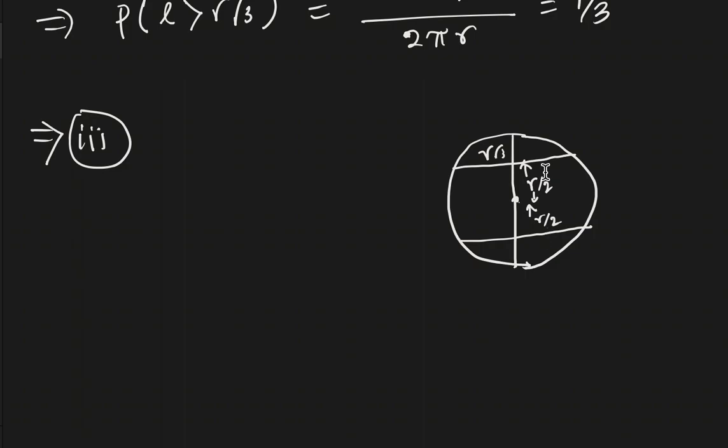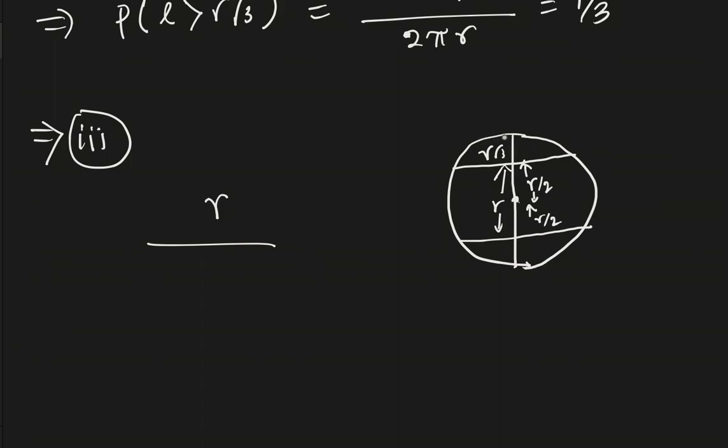That's why that has no effect on the probability. Now, how many lines I can draw parallel to this line is measured by the length of this r, so that many ways I can draw a chord whose length is root 3 r, and that is my favorable outcome. So the favorable outcome is r. Now how many lines in general can I draw, keeping the direction constant, parallel to this line or perpendicular to the vertical line?